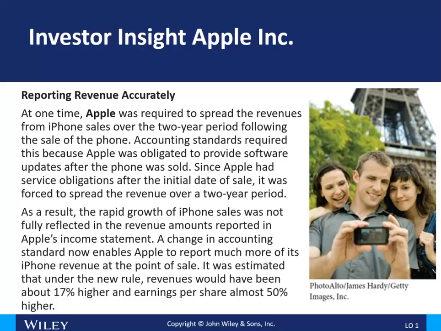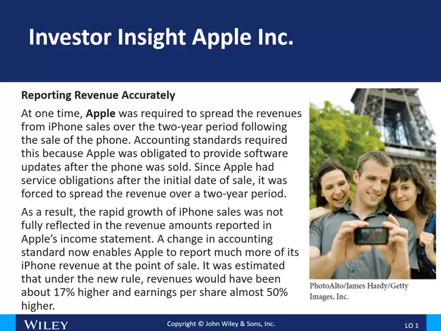But the accounting standards required this because Apple was obligated to provide software updates after the phone was sold. Since they had service obligations after the initial date of the sale, they had 2 years that they were guaranteeing that they would send these updates. Sometimes they went beyond that, but the 2-year period was what they had to recognize the revenue over.